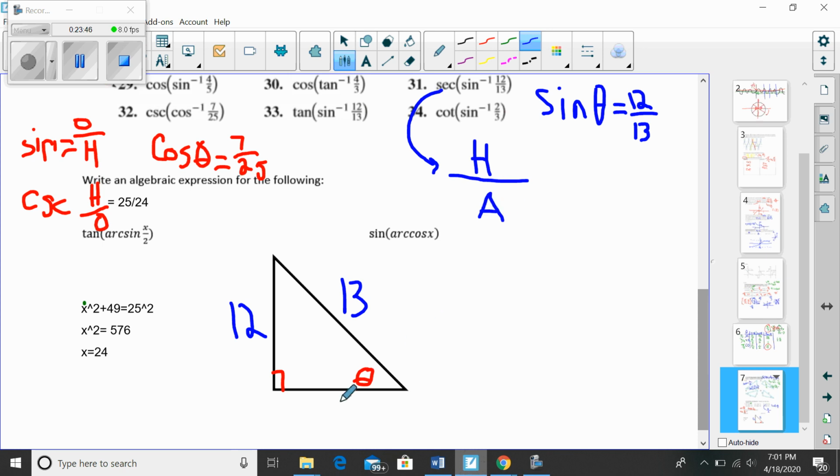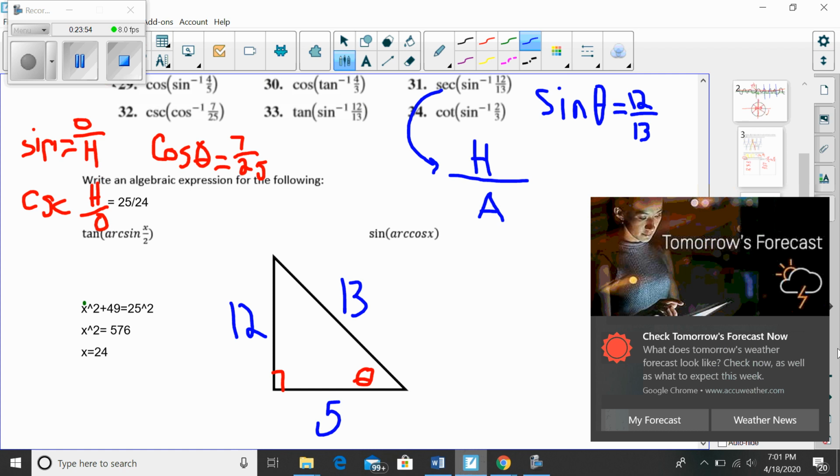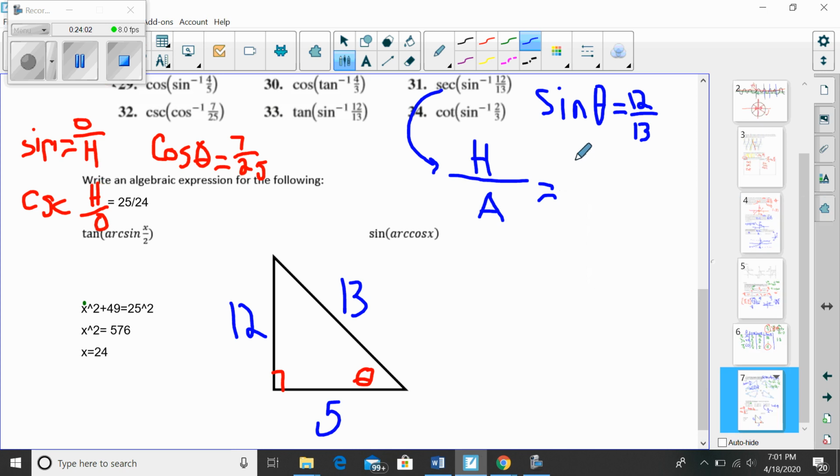When I use the Pythagorean theorem, a squared plus b squared equals c squared, my missing side is 5. Therefore, hypotenuse over adjacent is 13 over 5. That's my final answer.